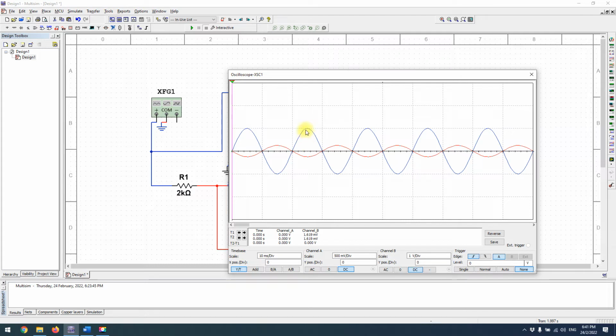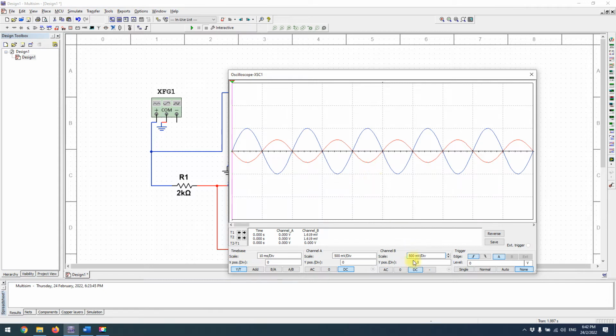So it's almost exactly 0.5 volts for this input wave. And your output is represented. Let me change this also to 500, so we'll have the same scale.